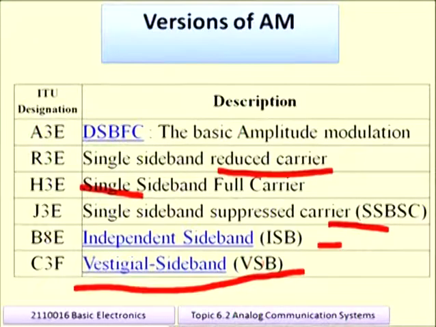But because we are using a vestigial sideband, one full sideband of 5 megahertz, then the carrier, then some portion of the other sideband, our bandwidth is slightly less than 10 megahertz. So in India, we are using 7 megahertz bandwidth for television signal transmission.